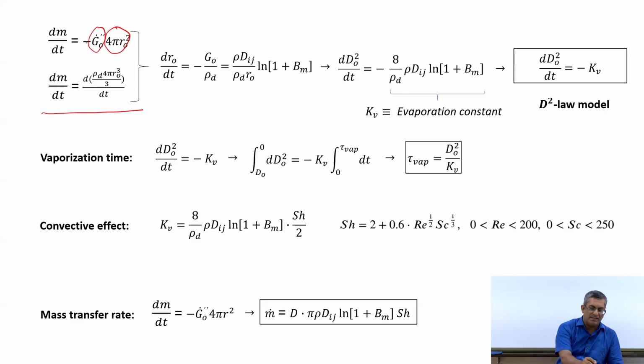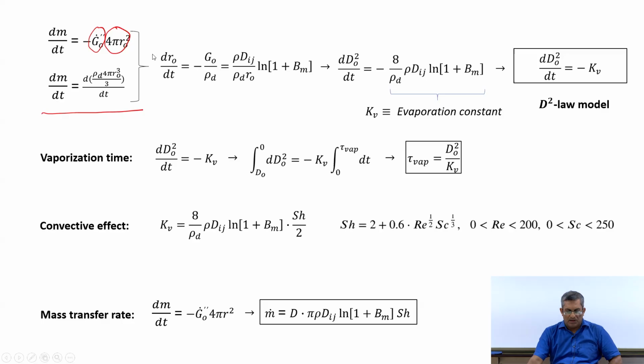And why we have a minus term here? Because in case of vaporization, always the mass reduces. Okay. And then we can also express the rate of change of mass by just expressing mass as density times the volume. And if we equate this, we will get an expression like this, that will tell us rate of change of particle size, like this.